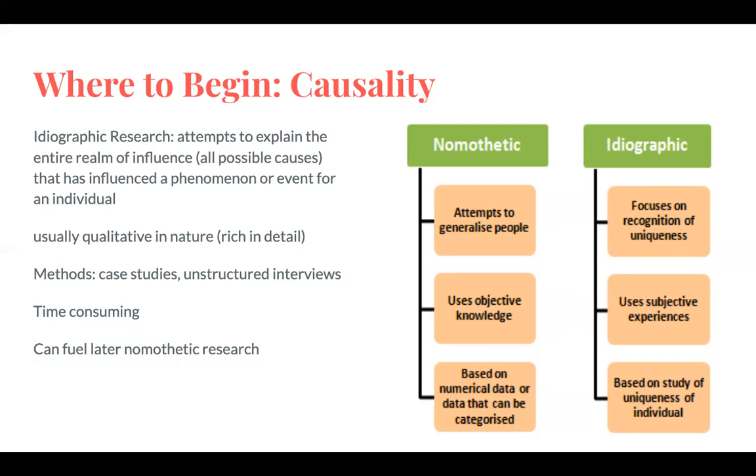Obviously this is qualitative in nature, because of the level of detail you would need from your data. Often it's the type of qualitative methodology that relies on very small sample sizes, so once again, something like case studies or unstructured interviews.